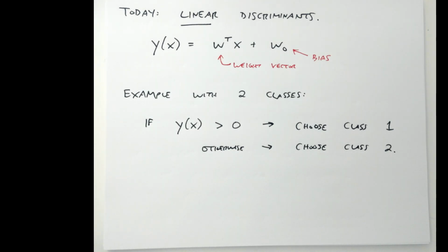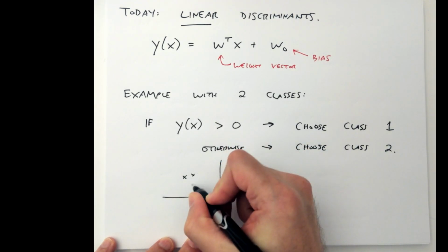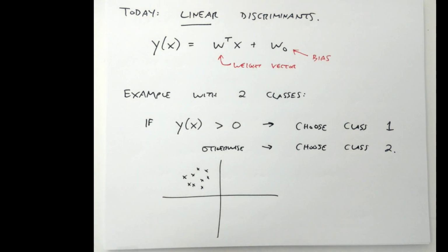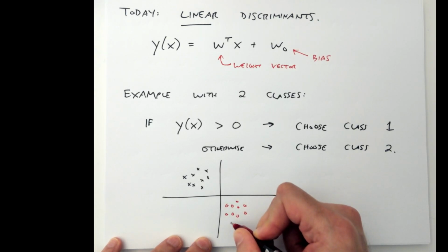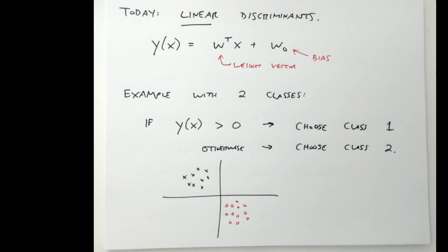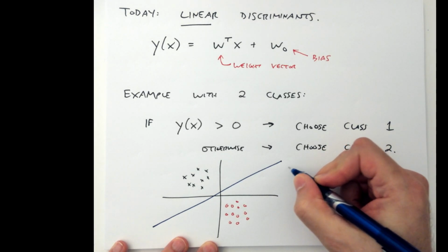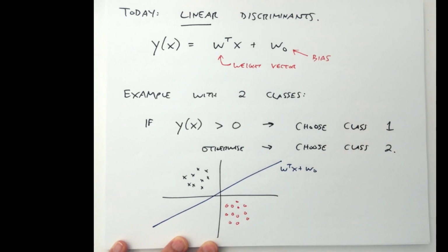So in 2D, it's like saying, okay, I have a bunch of points from one class, and I have a bunch of points from another class, black X's and red O's. And then I have a straight line like this, and the equation of this line is W transpose X plus W0.